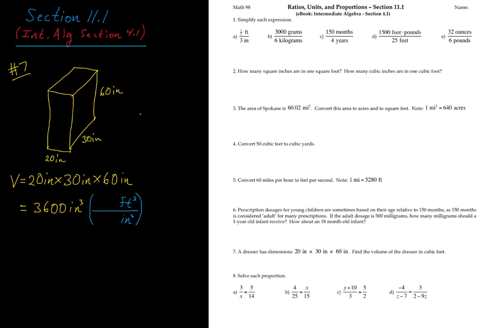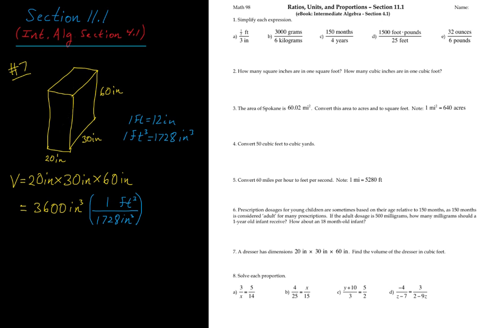And let's just recall, right, since 1 foot was equivalent to 12 inches, then 1 cubed, or in other words just 1 cubic foot, is equivalent to 12 cubed, which was that 1728 inches cubed. Okay, so that's going to go in here. 1,728 cubic inches in 1 foot.